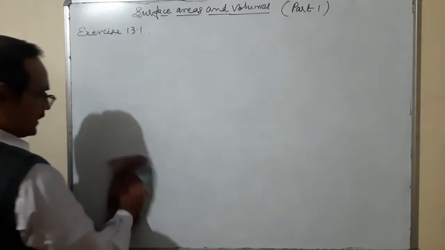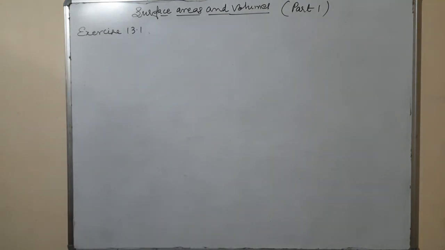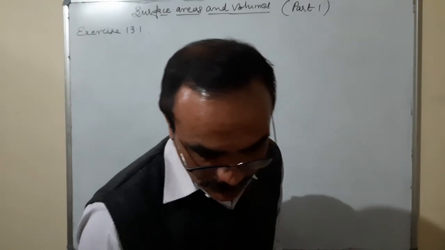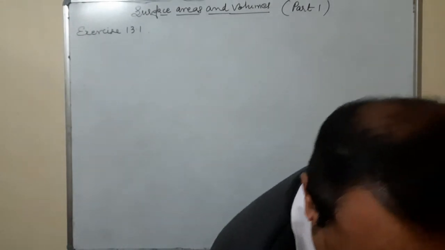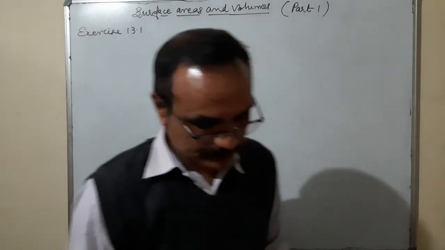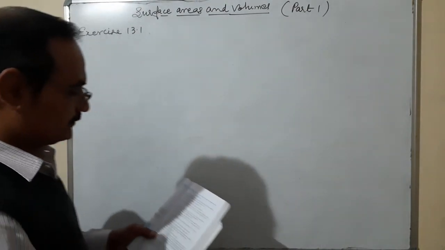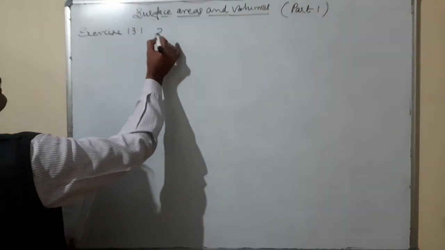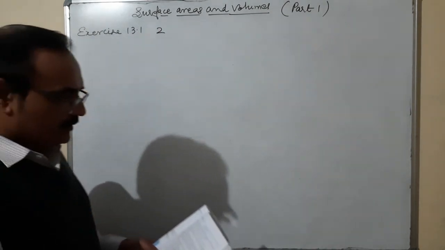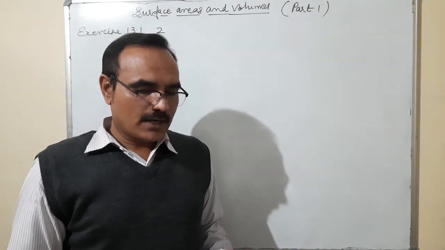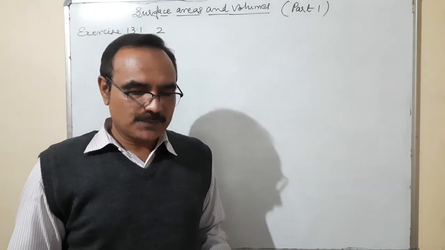After this question, we take question number 2, which says the length, breadth and height of a room are 5 meter, 4 meter and 3 meter respectively.